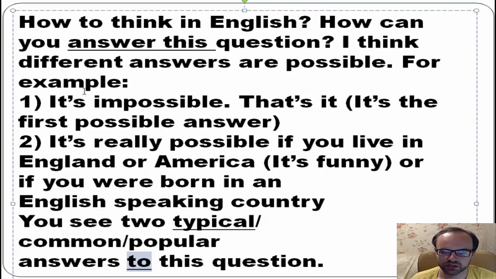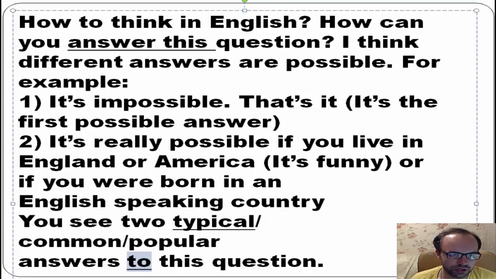The first one, it's impossible, and the second one, it's possible, but there are some conditions. Maybe you lived in an English-speaking country for a long time, or maybe you were born there. So what is next?